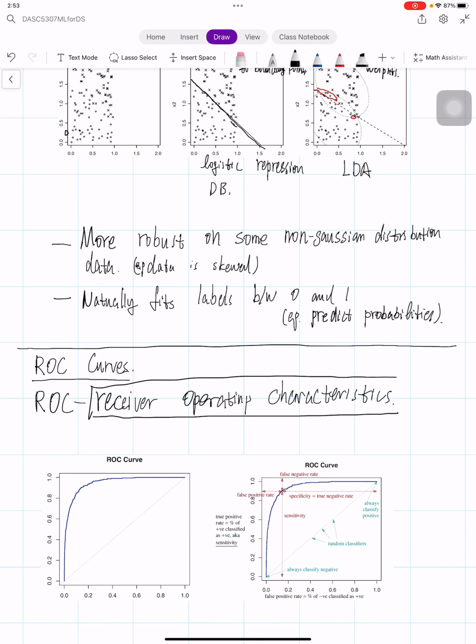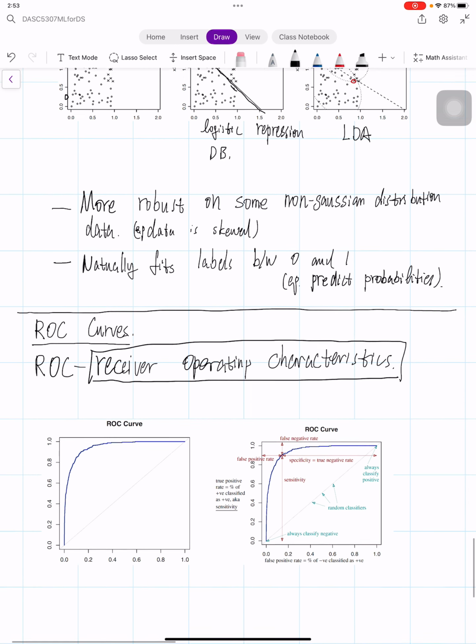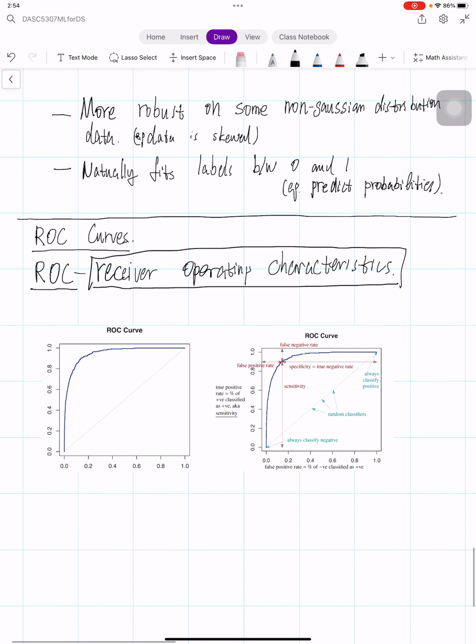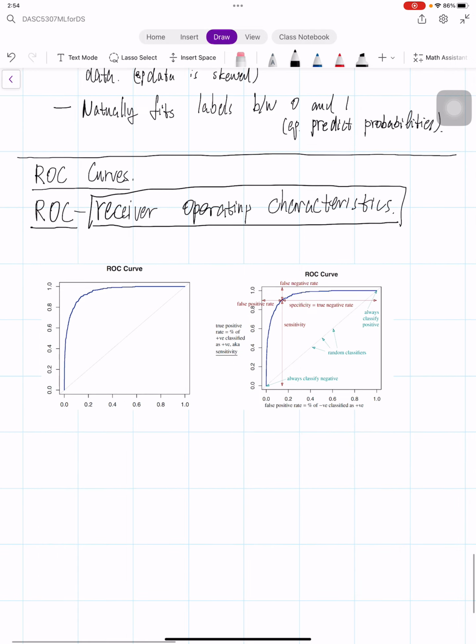I don't like this name, but people use this name for historical reasons.